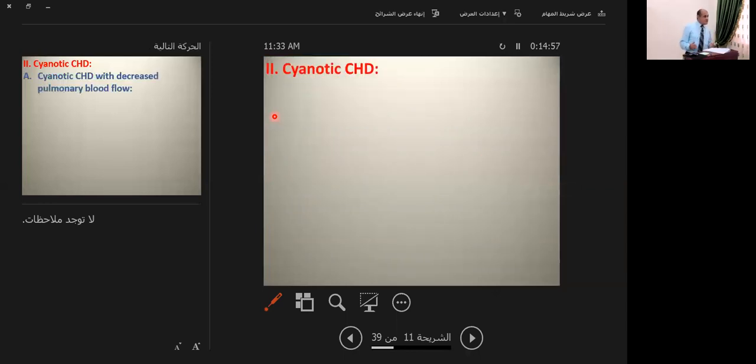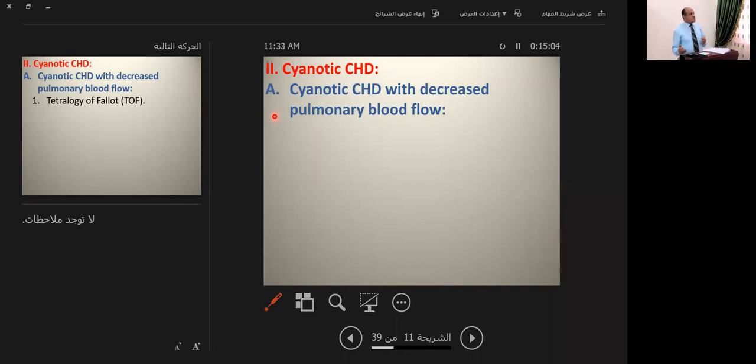The other group is cyanotic congenital heart disease, which is also subclassified into two categories. The first is cyanotic congenital heart disease with decreased pulmonary blood flow. Decreased pulmonary blood flow means limitation in the right heart output, in the right ventricle, so that not enough blood reaches the pulmonary circulation.